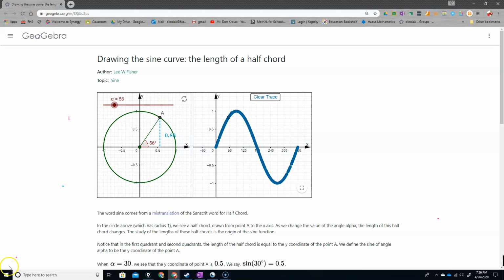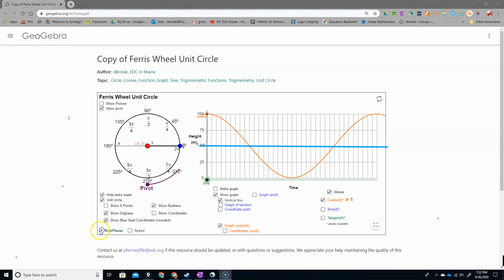All right, now the cosine graph. And now what your cosine graph is, it's graphing the length of the orange segment that you see that's going right and left. So it's describing the length of that orange segment. So it's describing where you are in relation to either right or left.